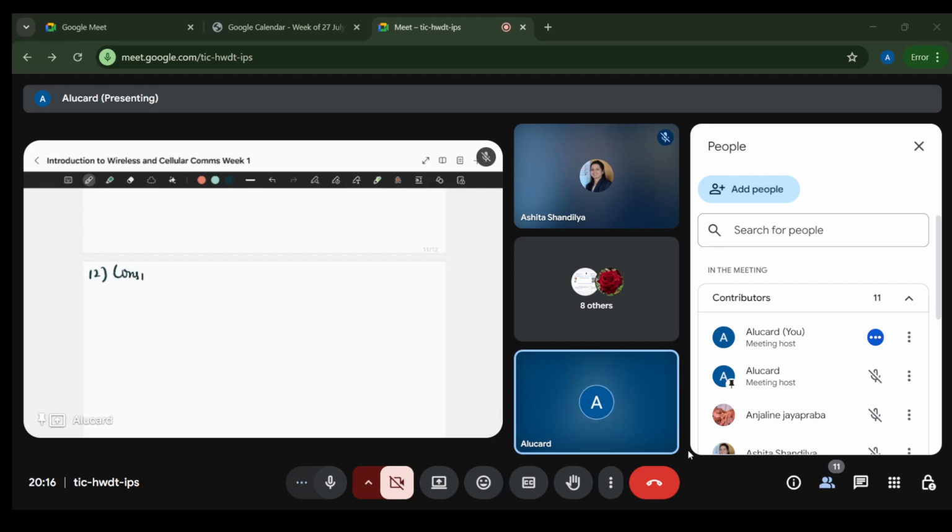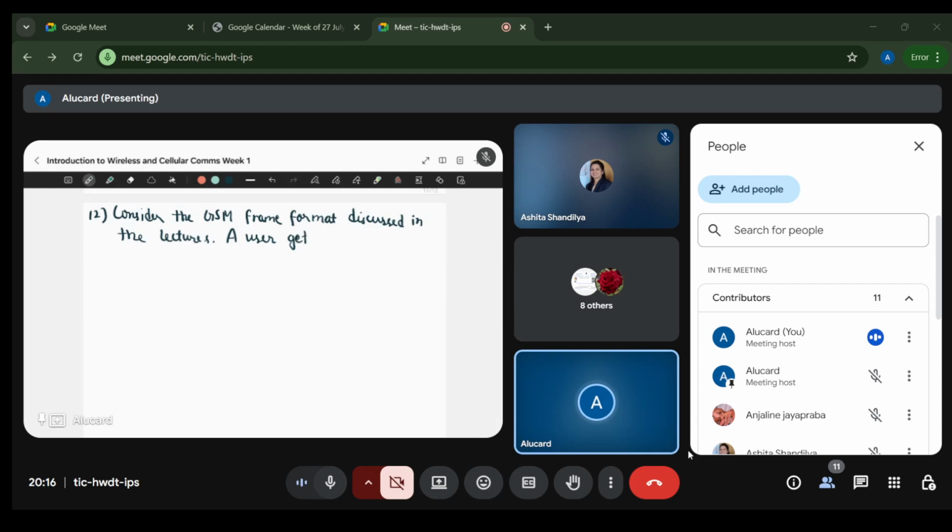Question 12. Consider the GSM frame format discussed in the lectures. If you remember, each frame was split into 8 time slots, and one user gets one of those 8 time slots.